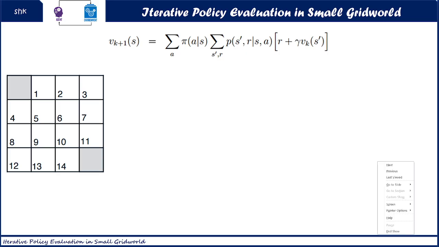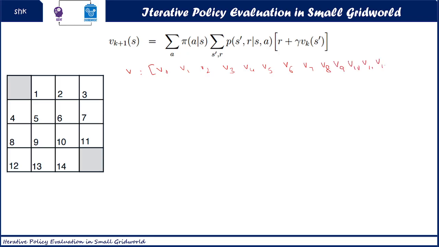Initially, we will consider all the states to have value function equal to 0, as we are going to have a total of 16 states: V0, V1, V2, V3, V4, V5, V6, V7, V8, V9, V10, V11, V12, V13, V14, V15.